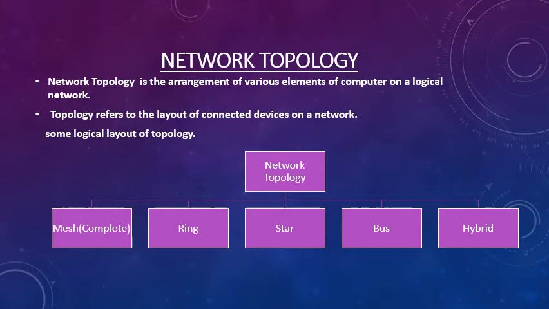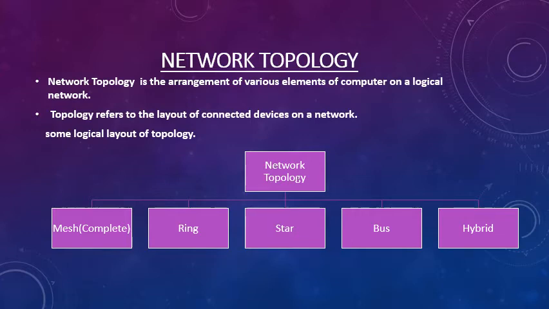So, network topology is the arrangement of the various elements of a computer on a logical network. Essentially, it is a topological structure of a network that may be depicted physically or logically.